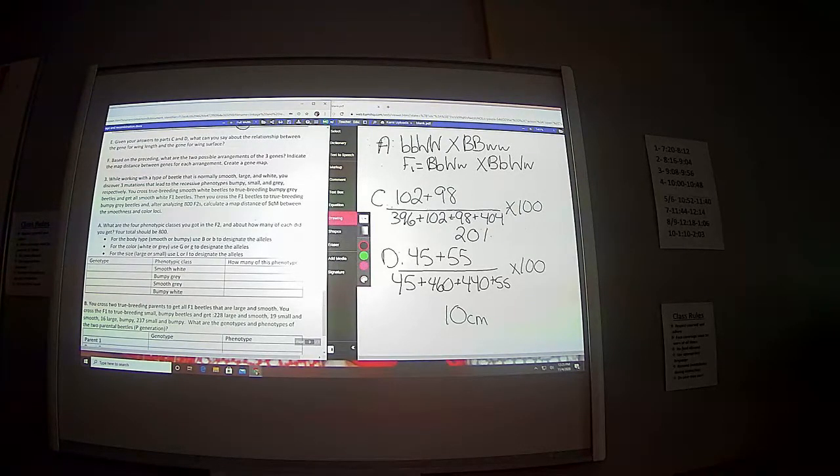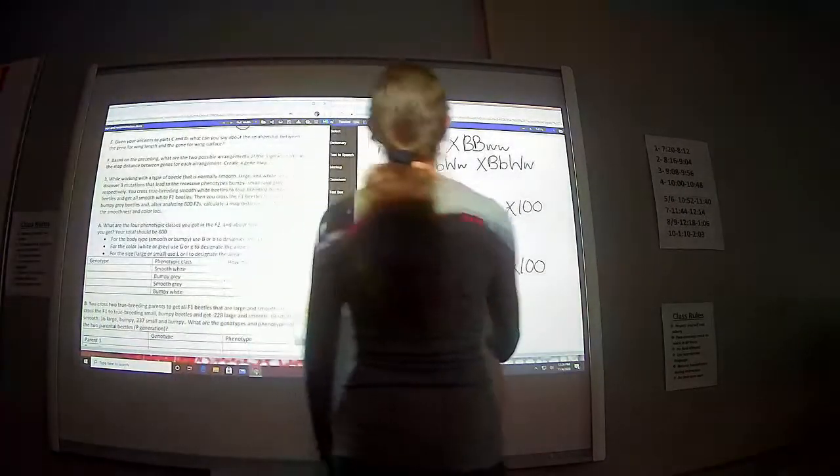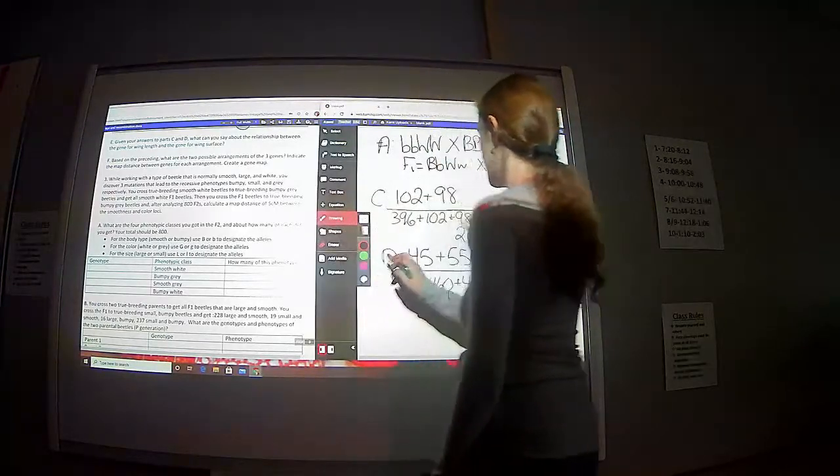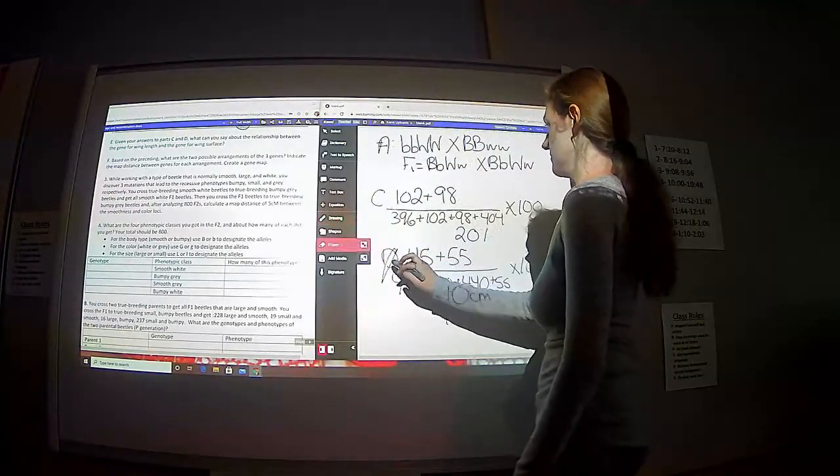We're going to create a gene map. All right, so for wing length to wing surface. Let me erase this here real quick.